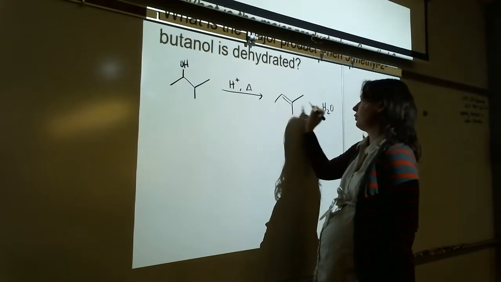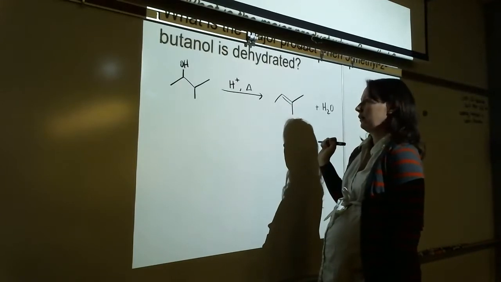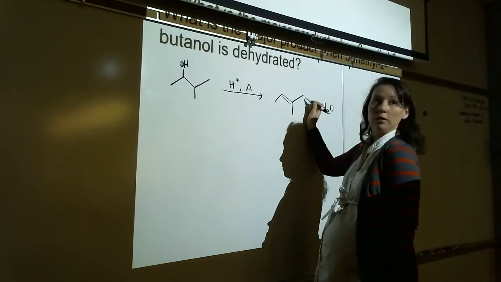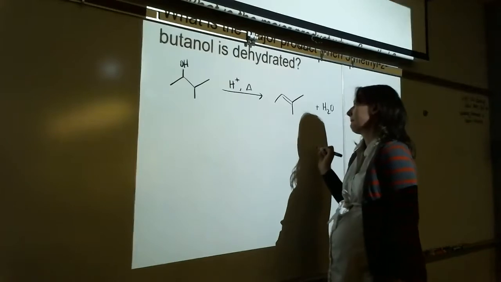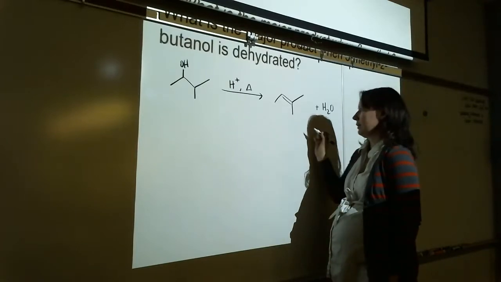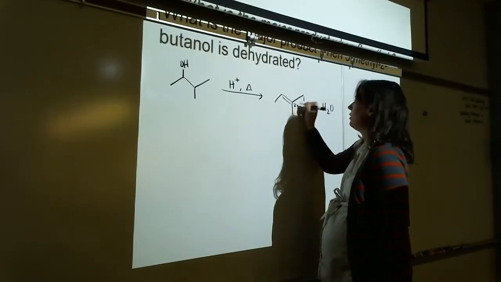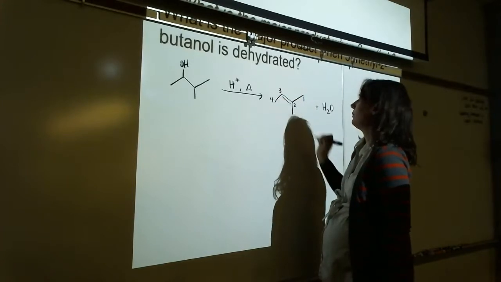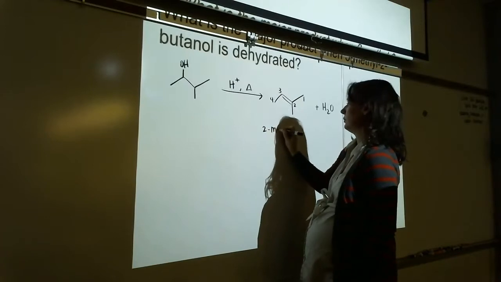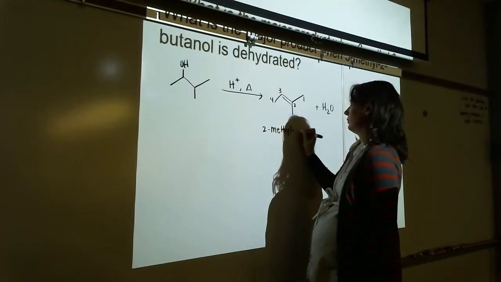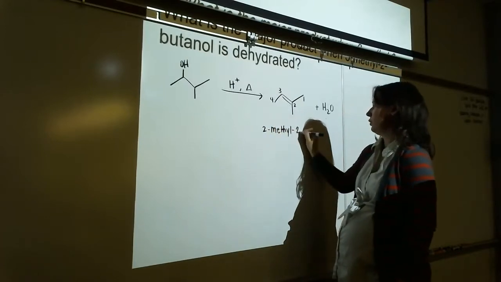Are we going to number from the left or from the right? 1, 2 versus 1, 2. Okay, why? Exactly. So 1, 2, 3, 4. So what's the name of this? 2-butene, right.